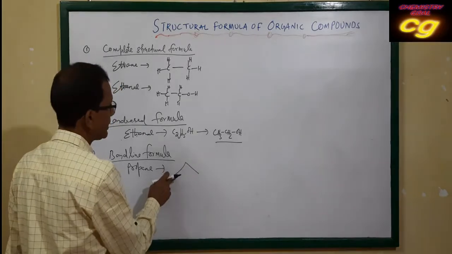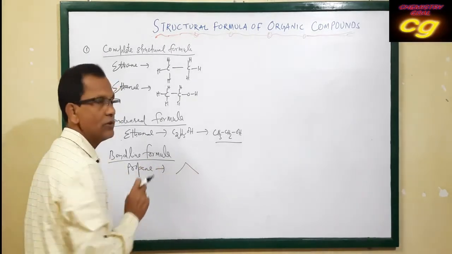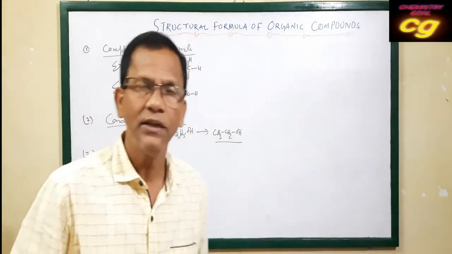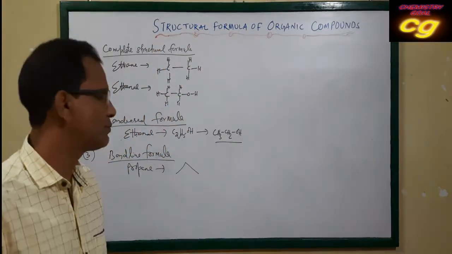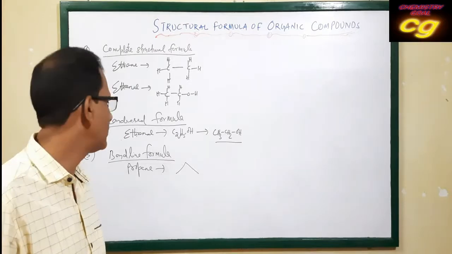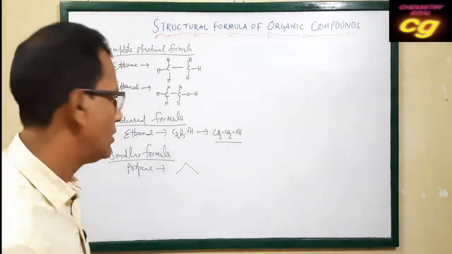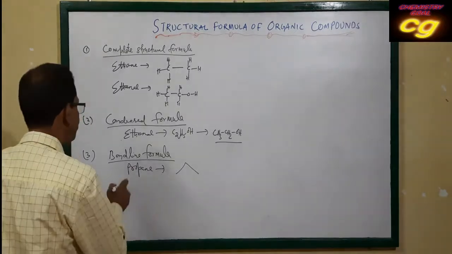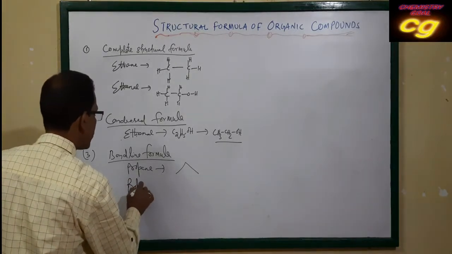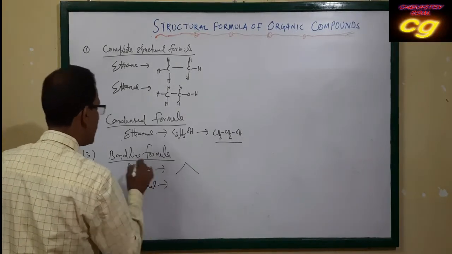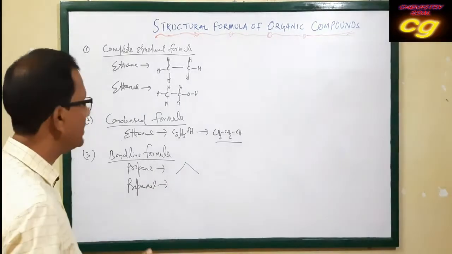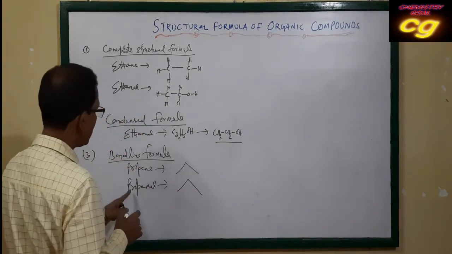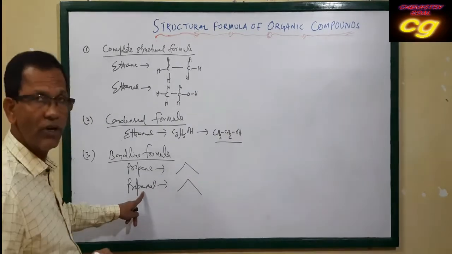So this is one carbon atom, this is another carbon atom, and this is also a carbon atom. In the bondline formula, it is not necessary to write the atoms, mainly the hydrogen atoms and carbon atoms. This is the structure of propane. For example, propanol mainly contains 3 carbons, and the end carbon contains an OH group.